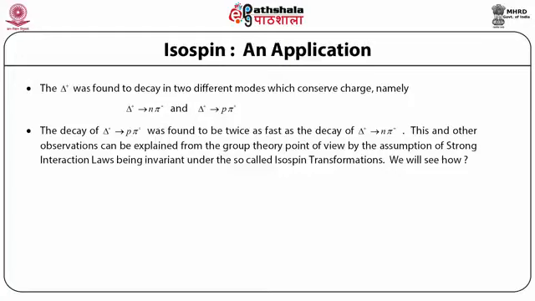Now, this kind of observation, and the other observations, can be easily understood or explained from the group theory point of view by assuming that the strong interaction laws are invariant under the isospin transformation.